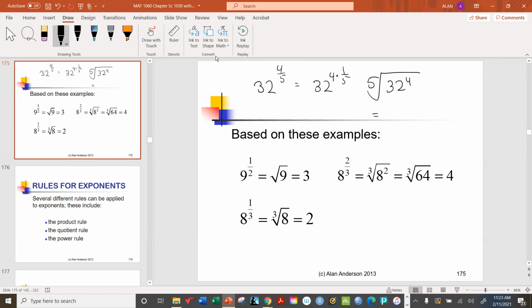It's 16. It is 16, yes. Now, if you wanted to do this step by step, and you did it in your calculator as 32, x to the y, 4 divided by 5 equals, and you ended up with your 16. But what you could have done, if you felt so inclined, is to evaluate 32 to the 4th power.